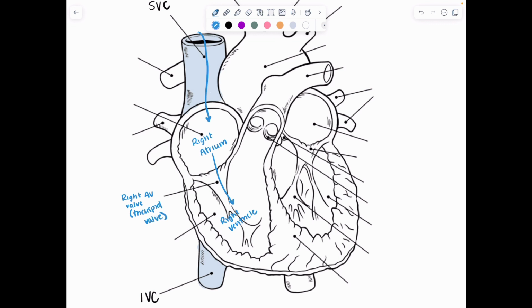And then from my right ventricle, when the heart pumps, that's going to send the blood up through my pulmonary valve into my pulmonary trunk. And my pulmonary trunk is going to be what sends everything out to the world. When things are leaving, we call them arteries.